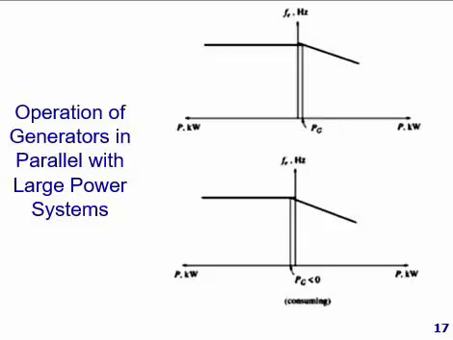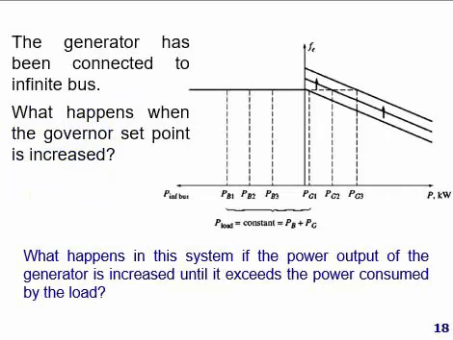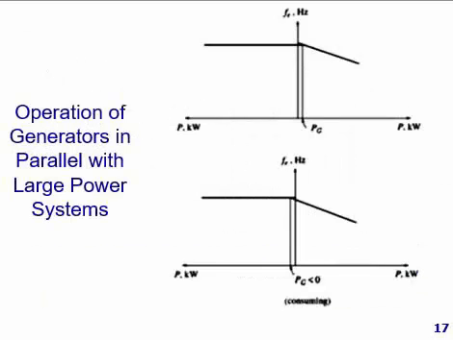When paralleling is complete, the resulting situation is shown in this figure, where the frequency is slightly on the lower side. This is the consuming case, where power is being consumed.